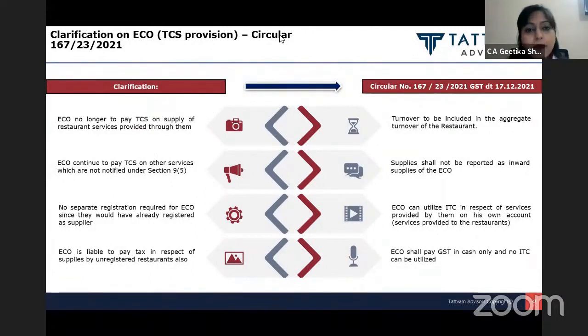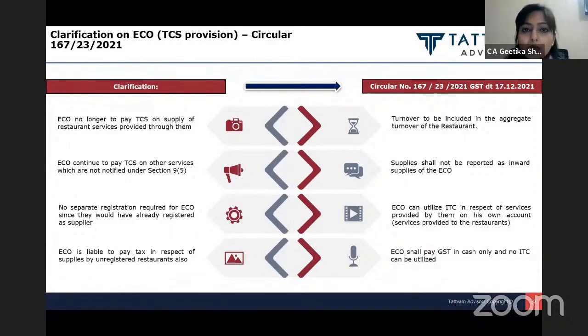Where the entire tax is being paid by the e-commerce operator, no need to pay any TCS on this part. For other services, yes, like I said, for any over-the-counter sale or any other supply not falling within the realm of restaurant service, the provisions continue to remain the same as they have been till date.